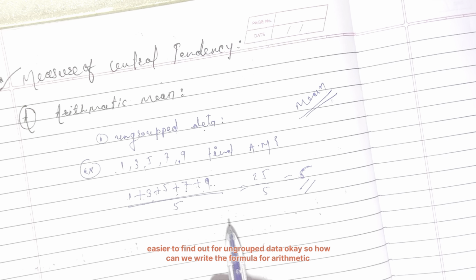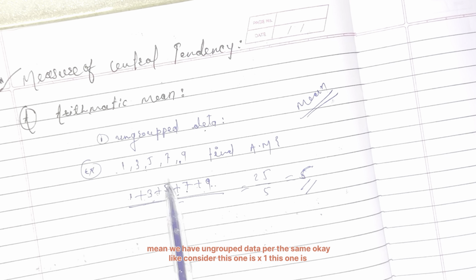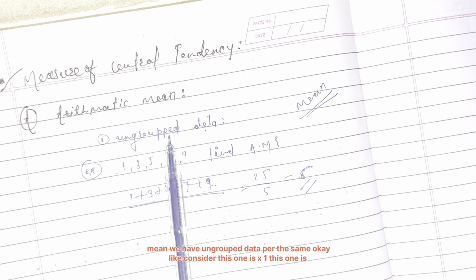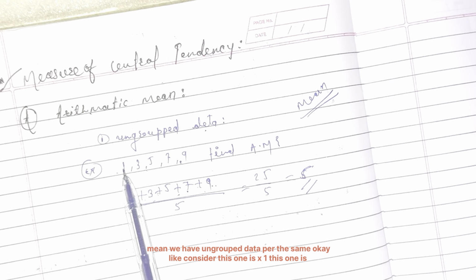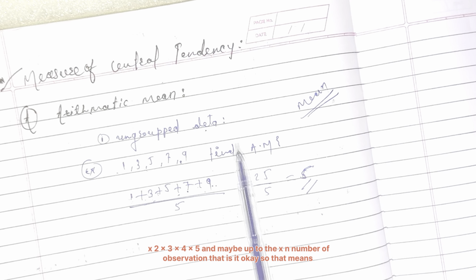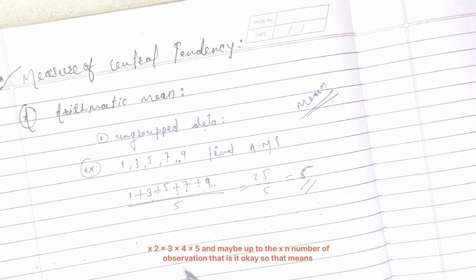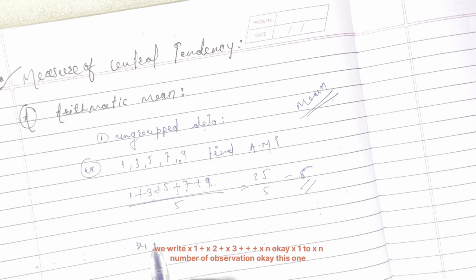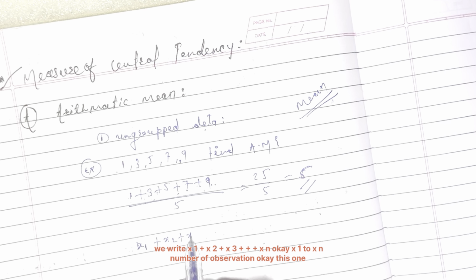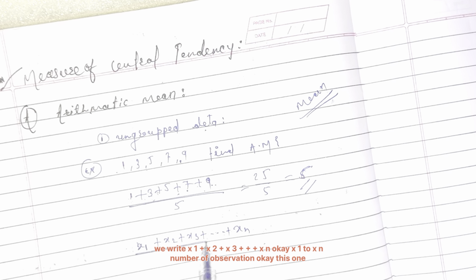So how can we write the formula for arithmetic mean when we have ungrouped data? Consider this one is x1, this one is x2, x3, x4, x5, and maybe up to xn, n number of observations. So we write x1 plus x2 plus x3 up to xn.